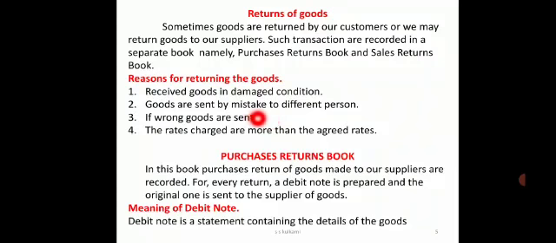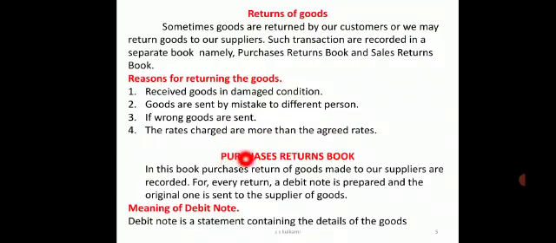These wrong goods can be returned to our suppliers, or customers can return them to us. So whenever wrong goods are sent, you can have returns. Then, if the rates charged by us or by the suppliers are more than the agreed rates, in that case also return of goods can be made.